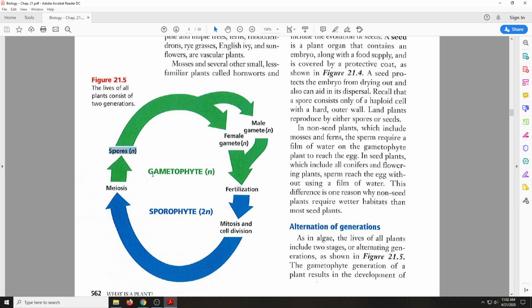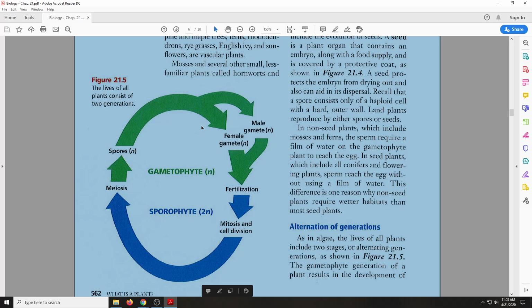You can find a gametophyte version and a sporophyte version of the plant, and they'll look different, but it's the same species. The gametophyte goes out there and grows. Once it gets fertilized, the sporophyte plant will then develop. So in this non-seed vascular plant, the spores go out and grow as a gametophyte plant. Once they get fertilized, they become a sporophyte plant.